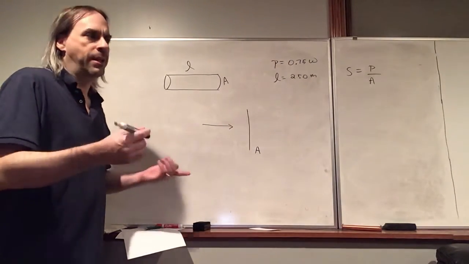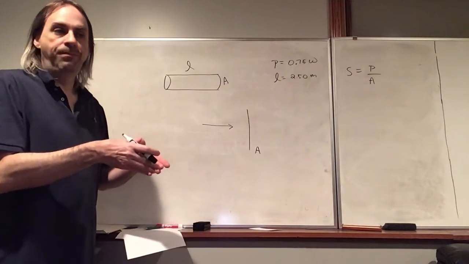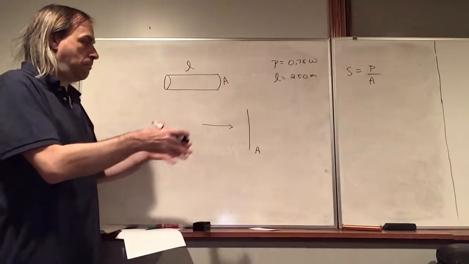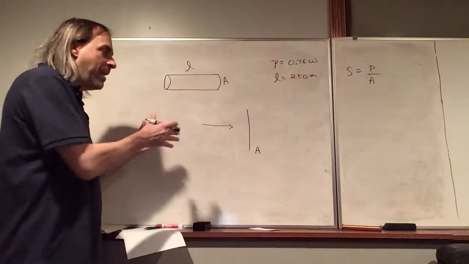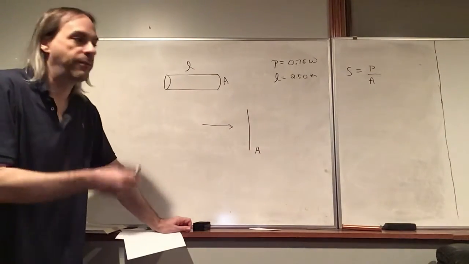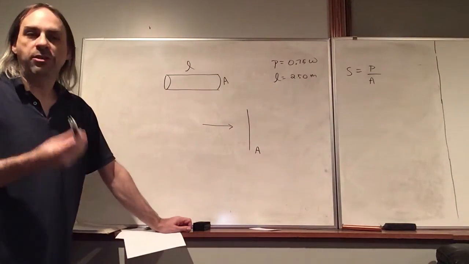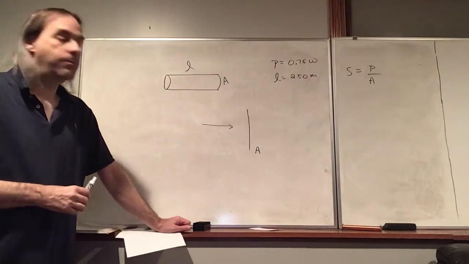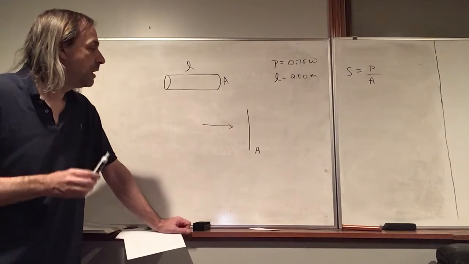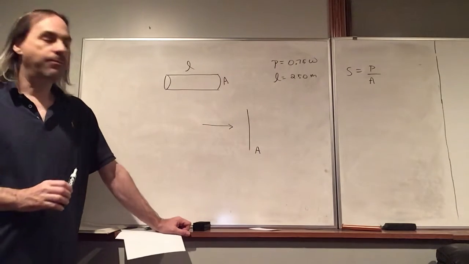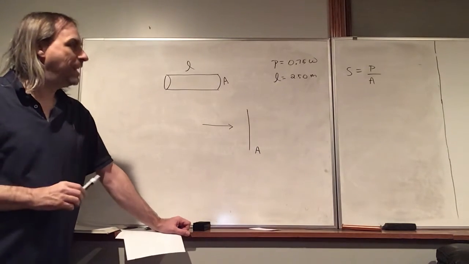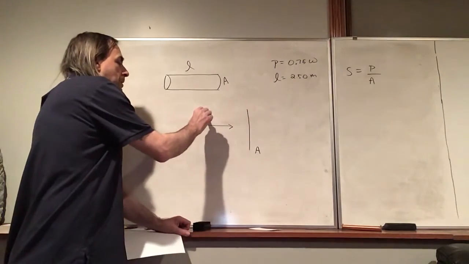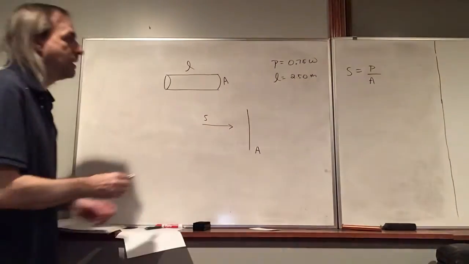Say you have a light in a room and a nearby surface, and a certain amount of energy is being delivered to that surface. If you change the light bulb and make it brighter, more energy will be delivered. So we define intensity to be the property of the light itself, and we use the letter S for intensity.